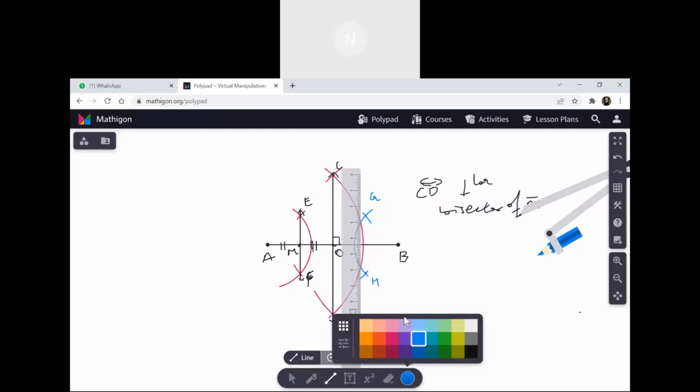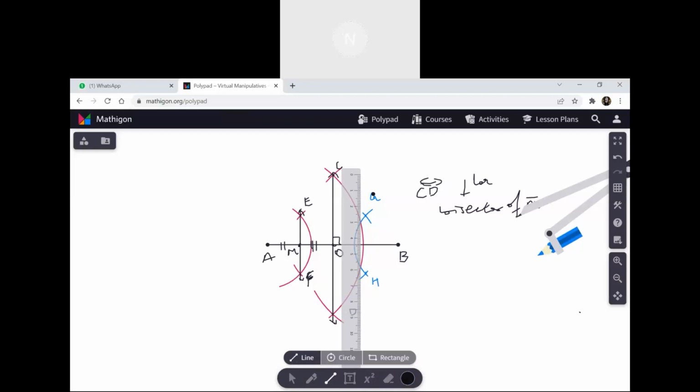So GH, and let us go for drawing GH line segment.